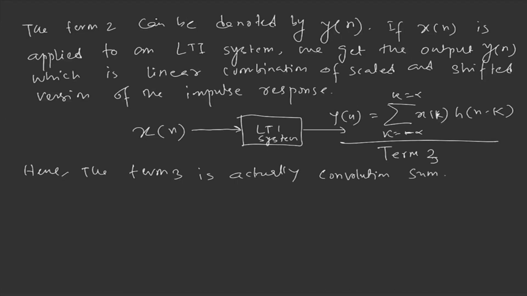So what is the takeaway from this part? We can say that if you know the impulse response of an LTI system, we can calculate the output for any input.